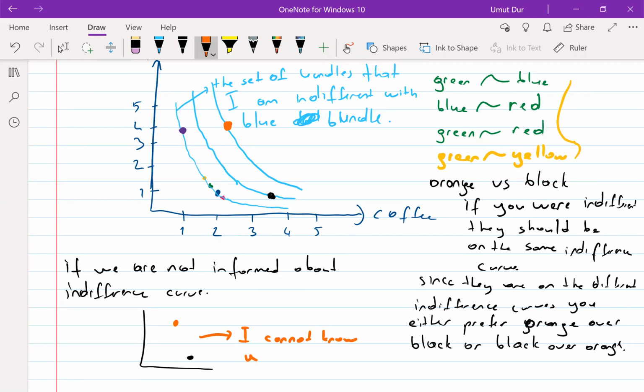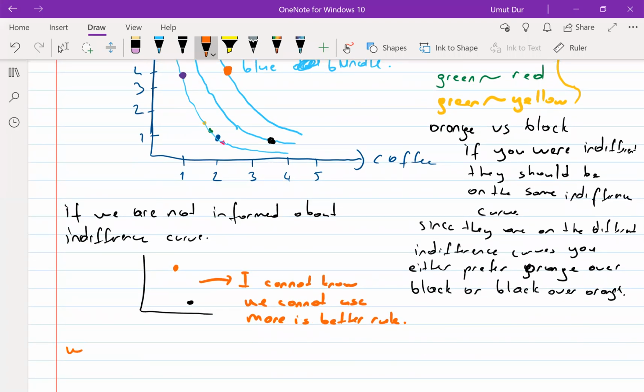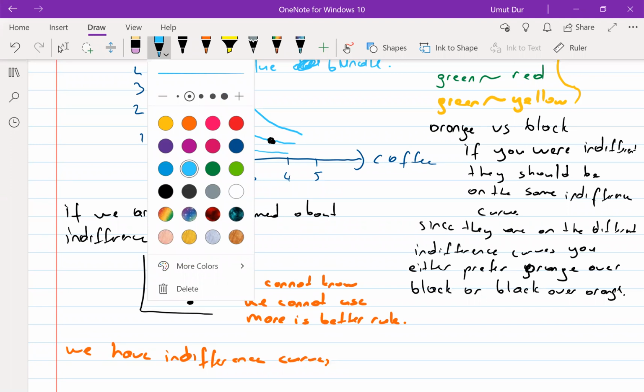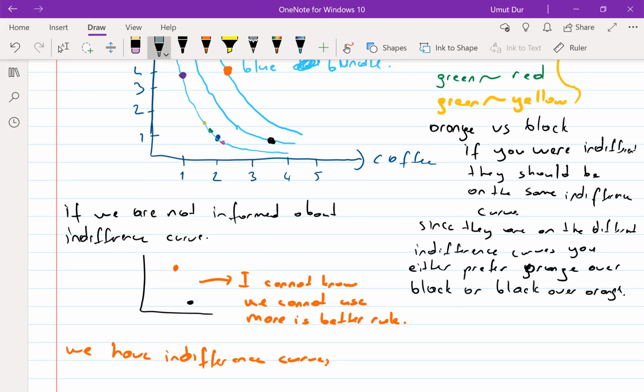We cannot use the more is better rule here. But we have indifference curves. For example, can I use the more is better rule if I want to compare this orange one and this gray one?